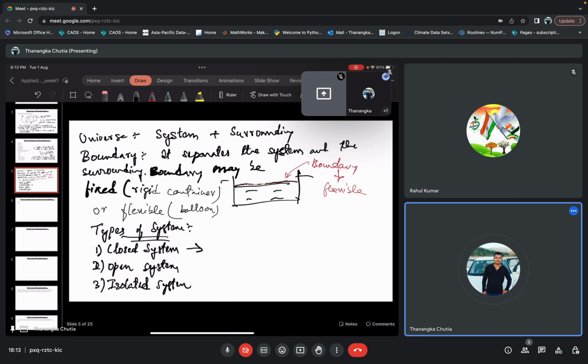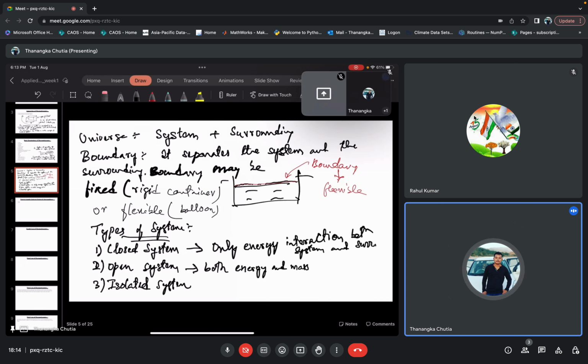Okay, now in closed system, only energy interaction takes place between system and surrounding. There will be no mass interaction between system and surrounding. In an open system, both energy and mass interaction take place between system and surrounding.